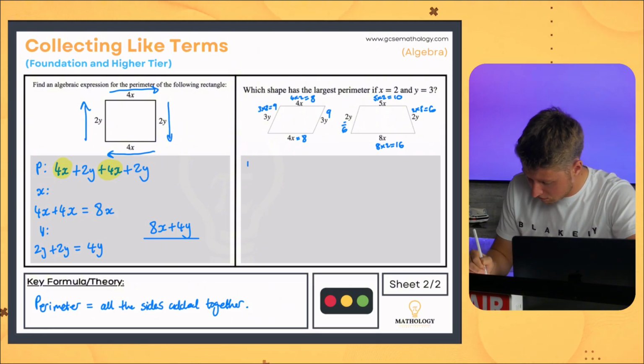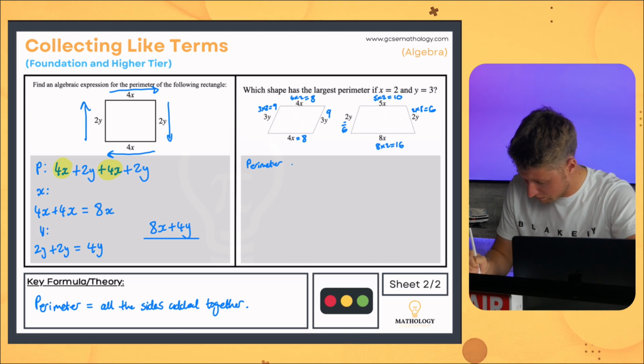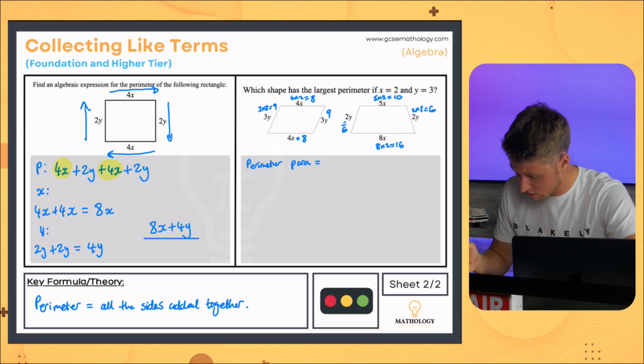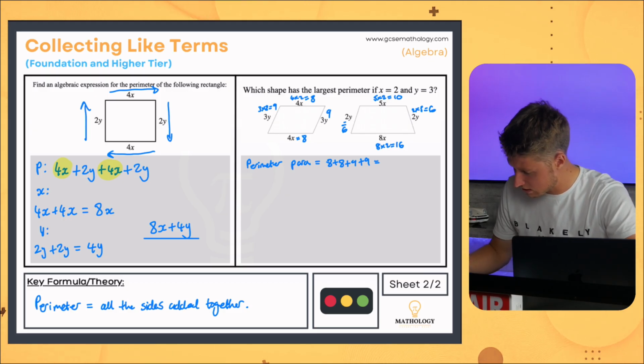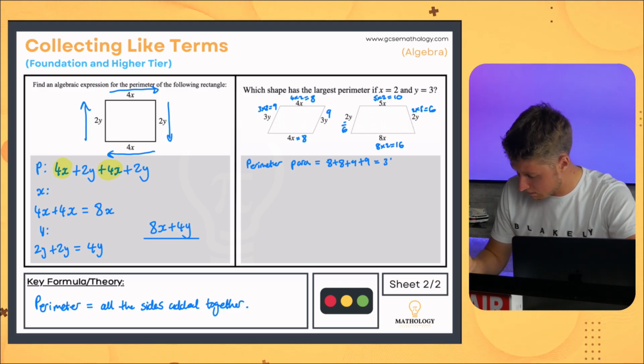So if we think about the perimeter for the parallelogram, we've got 8 plus 8 plus 9 plus 9. So 18 plus 16 gives us 34.